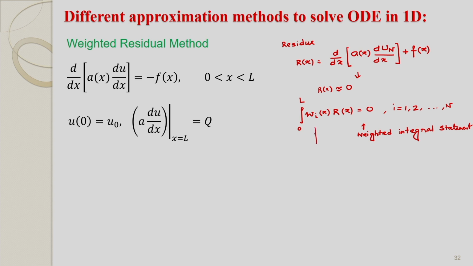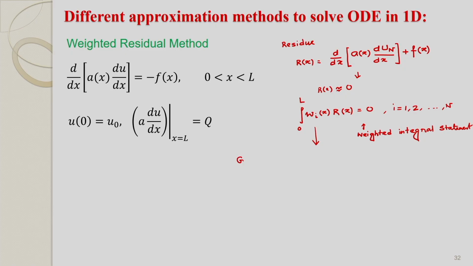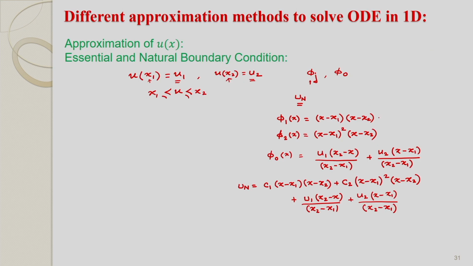Depending on different choices of Wi, we have different methods. For Galerkin method, Wi is phi I. So, these are the choices of this phi 1, phi 2.